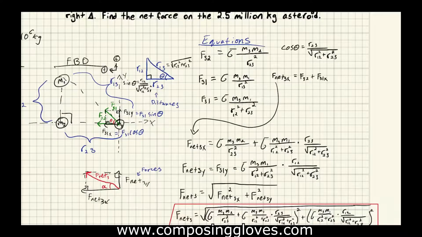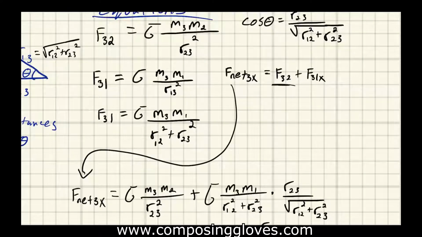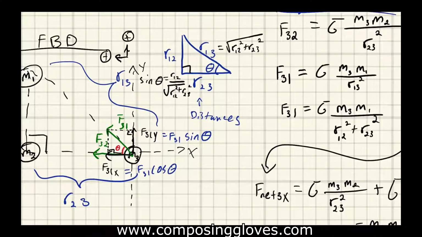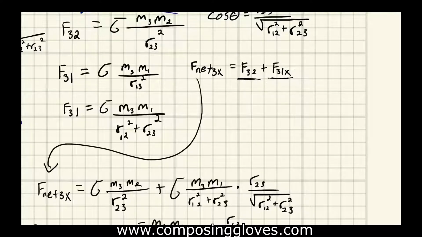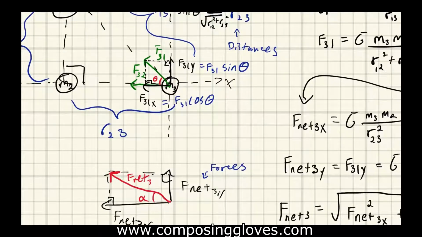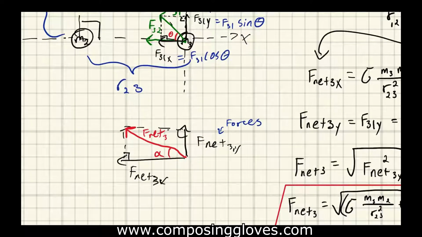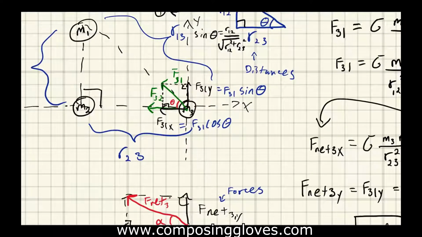On the x-axis, there's a force F32, which we have already solved for, and a force F31x. F31x is simply F31 cosine theta, according to our angle of distances.